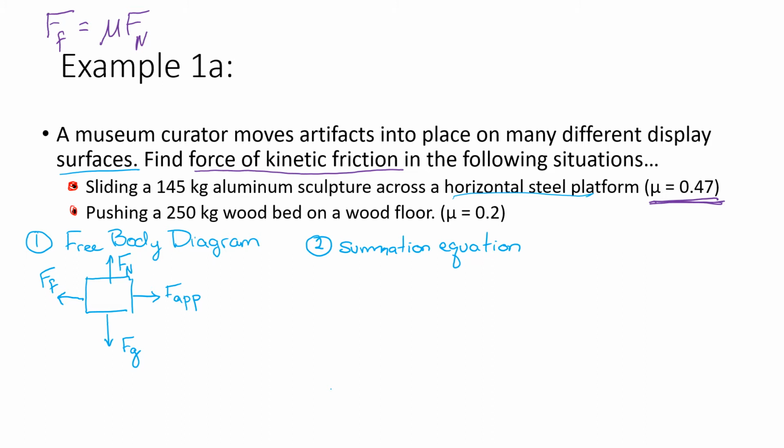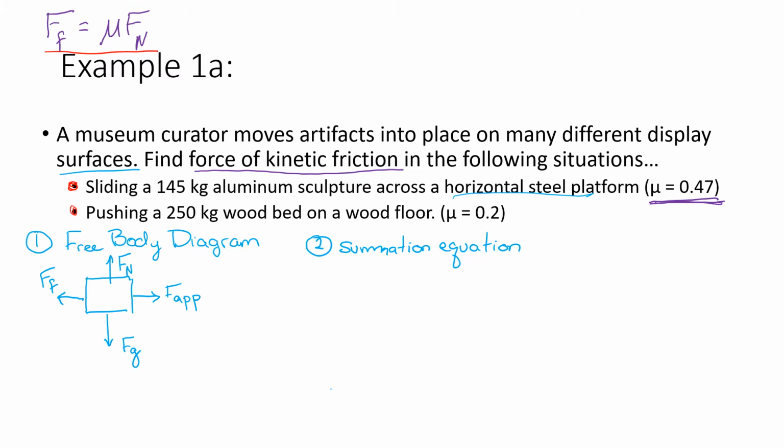Force of friction. Are we given anything about the applied force in the horizontal direction? No. So we don't have enough information to use the horizontal summation equation. And what did I say we were probably going to use at the very beginning? That force of friction equation.